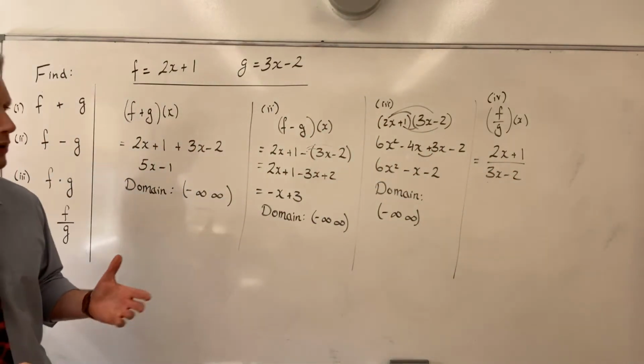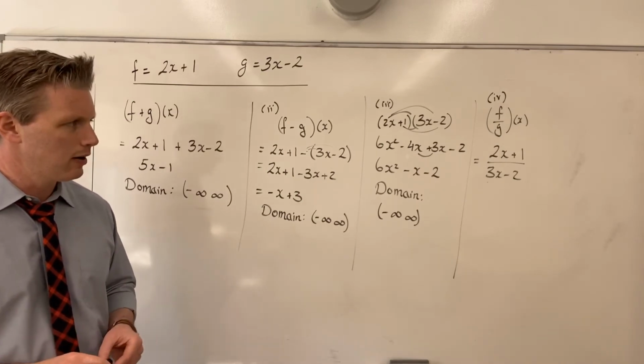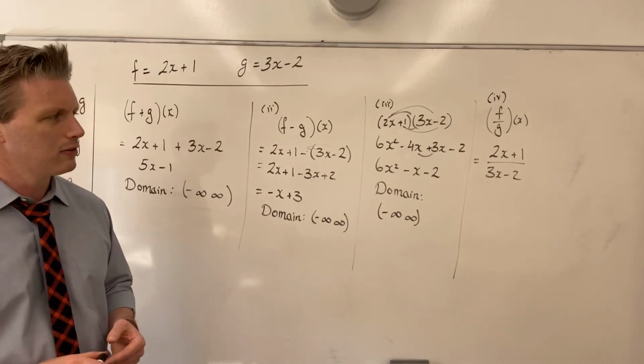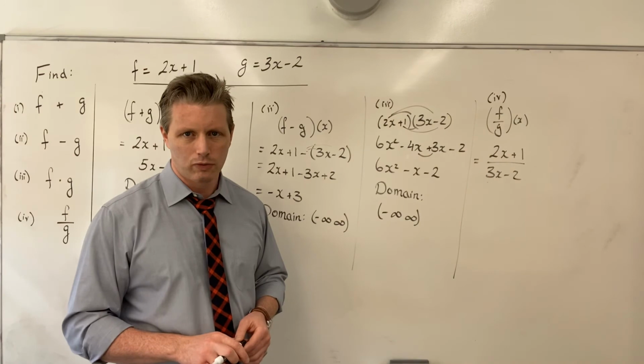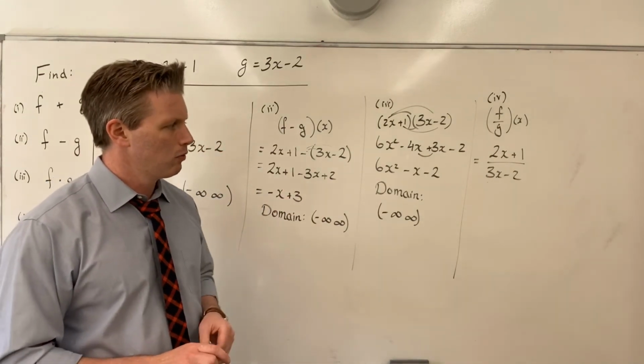Usually at this point, I would check to make sure I don't have anything I can factor out above or below. Maybe it might cancel for me. I see that there's nothing I can factor out. And so I'm going to leave my answer in that form. And that's my answer, 2x plus 1 over 3x minus 2. So I'm left with a rational function.